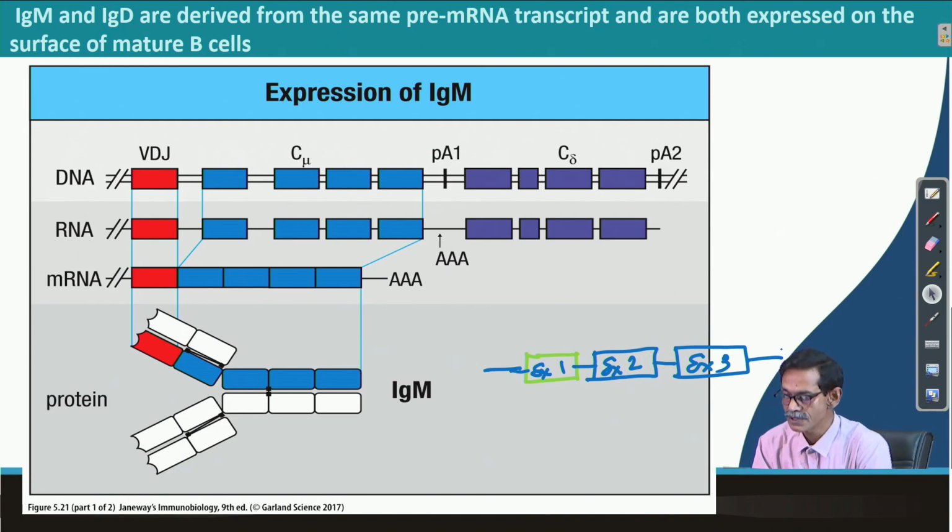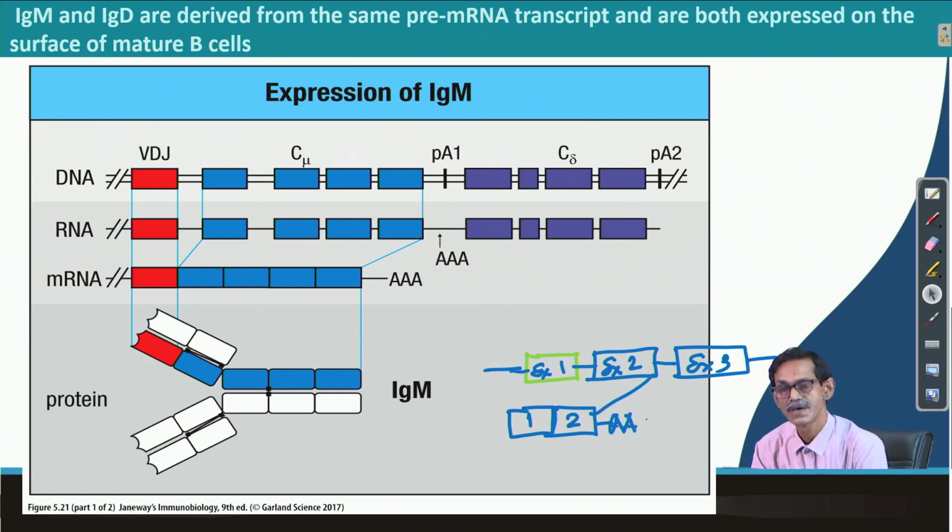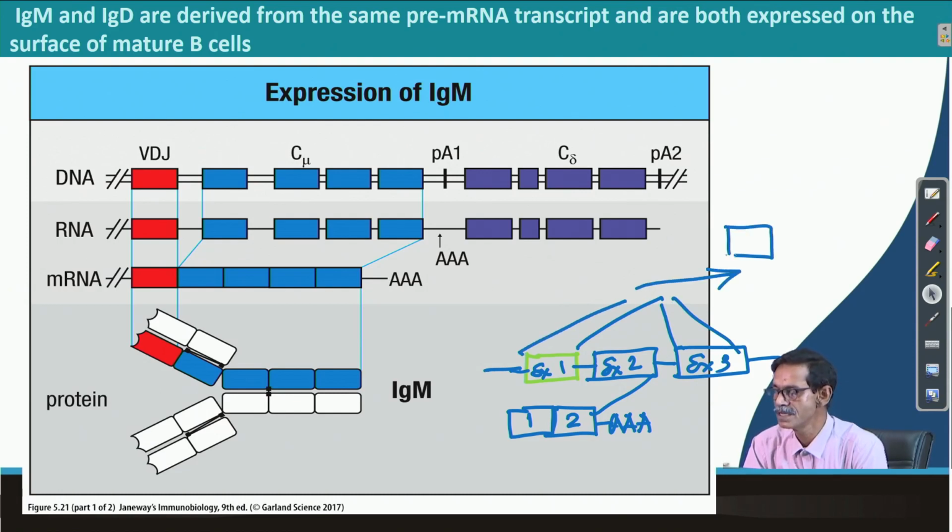In one splicing, exon 1 and exon 2 come together, and they have one poly A. In the other, exon 2 is skipped and exon 1 joins exon 3.